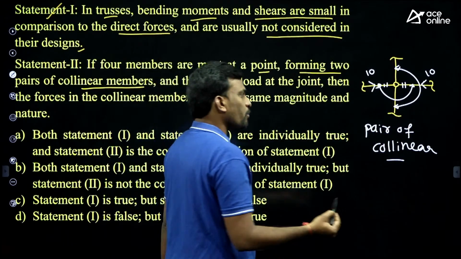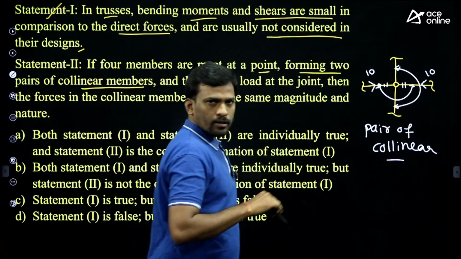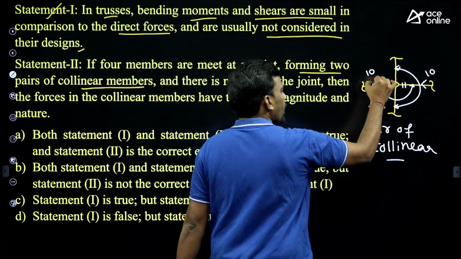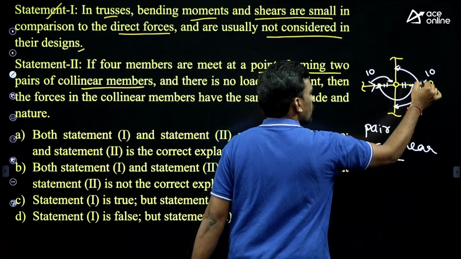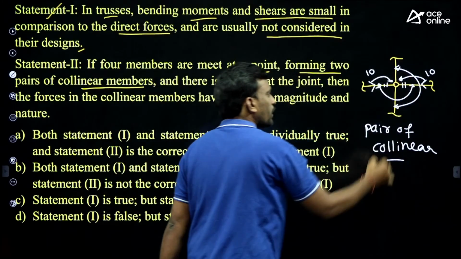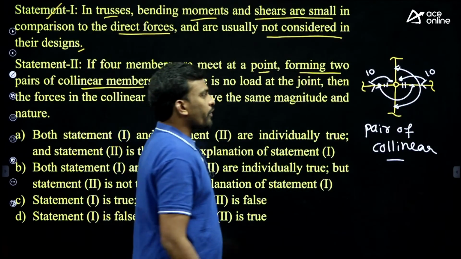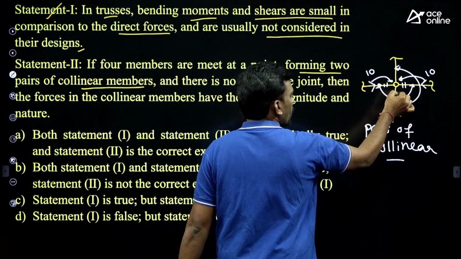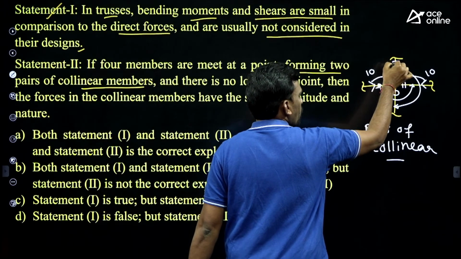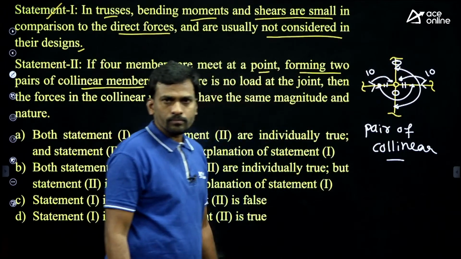Same nature means both are either compression or tension. Look here, this arrow toward the joint is compression, this arrow toward the joint is compression. For example, if the force in this member is 0, the force in this member is also 0.